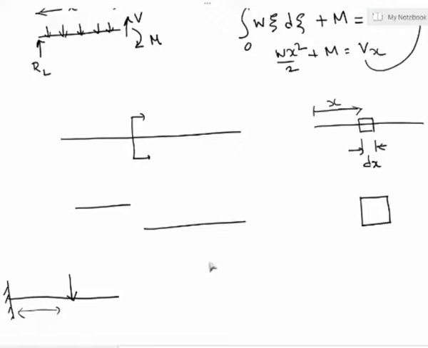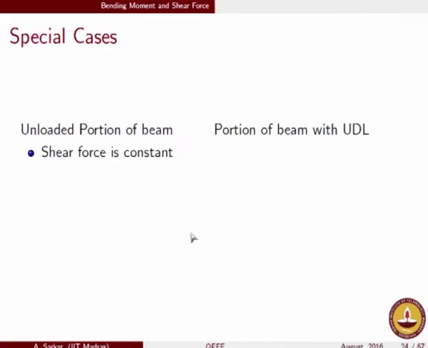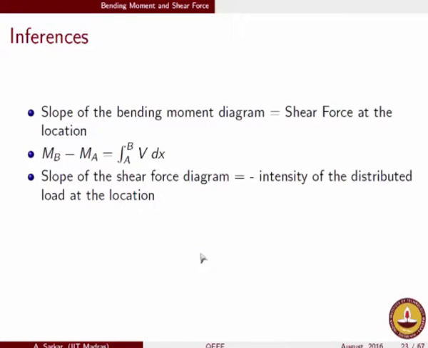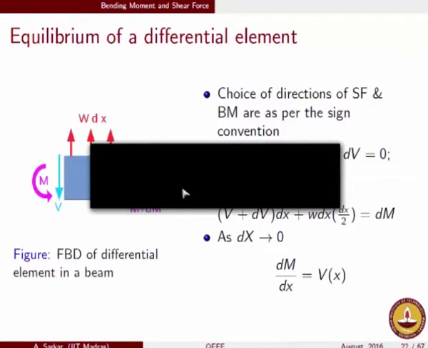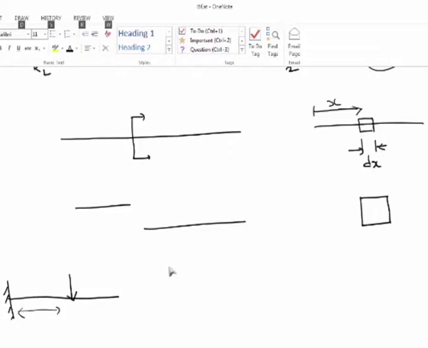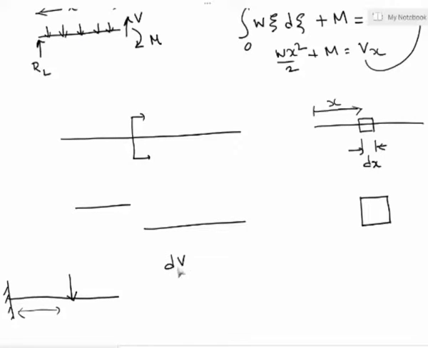What we have derived, if you remember just in the last slide, is dV by dx is minus W. Let us take this into account: dV by dx is minus W at x, but in this portion of the beam W is 0.